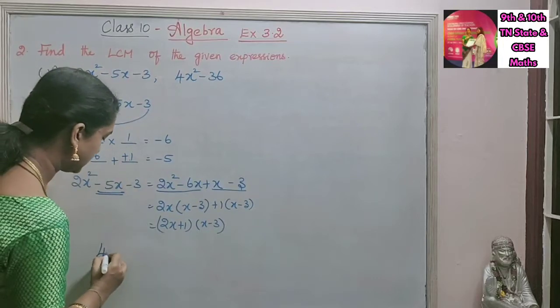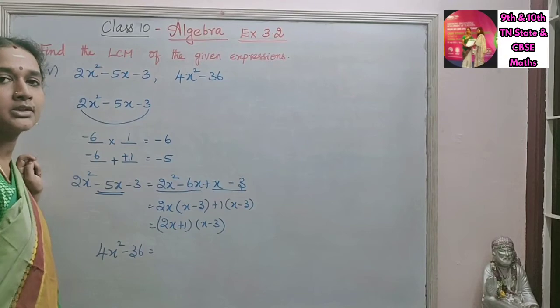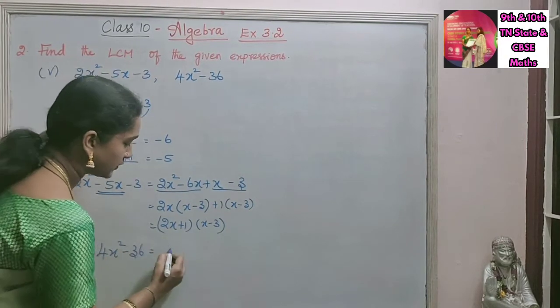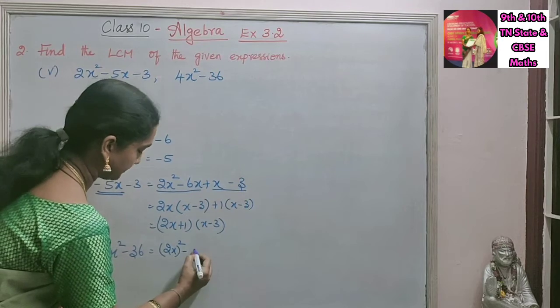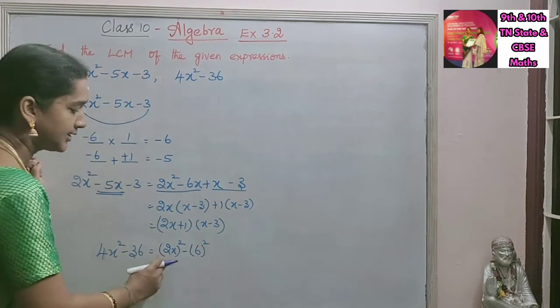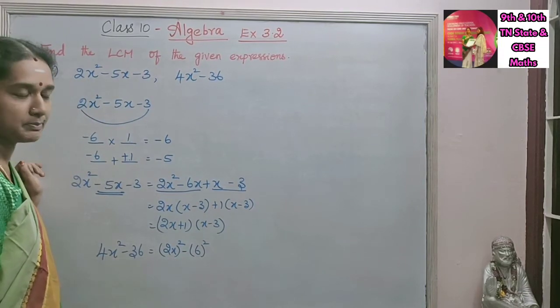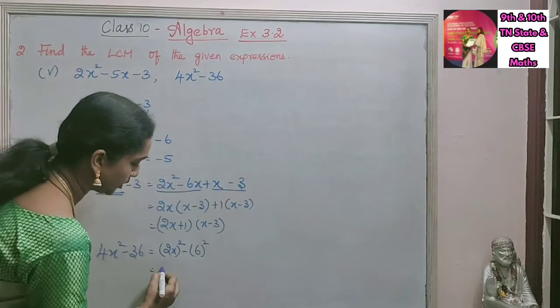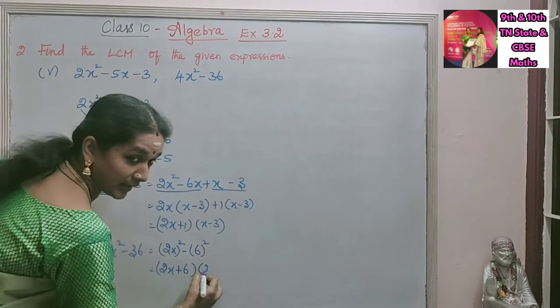Then the next expression is 4x squared minus 36. In this we can write 4x squared as 2x the whole squared minus 6 the whole squared, since 6 sixes are 36. So this is of the form a squared minus b squared, which is equal to a plus b into a minus b.